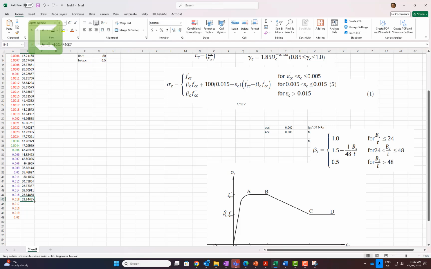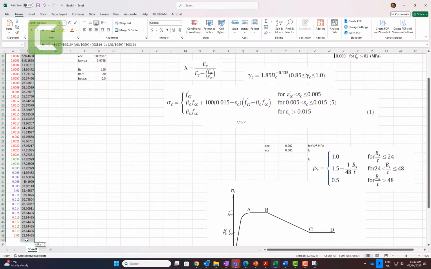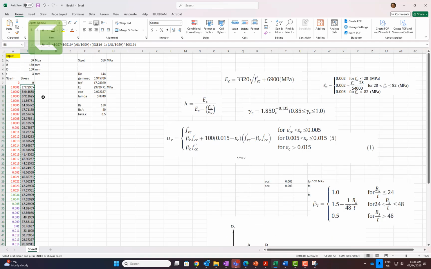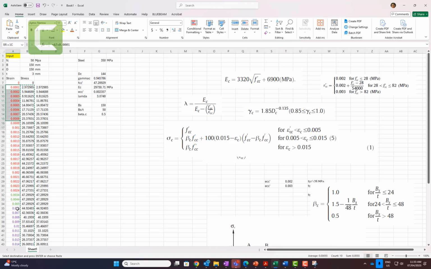So there you go, and that's basically it. In the Abaqus software it's going to ask for strain first, so you can just copy and paste the numbers, and here you need the strain value.